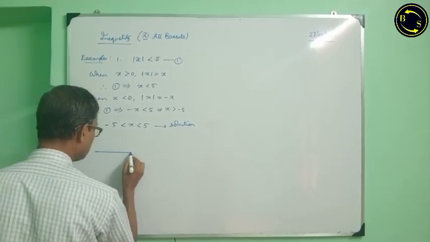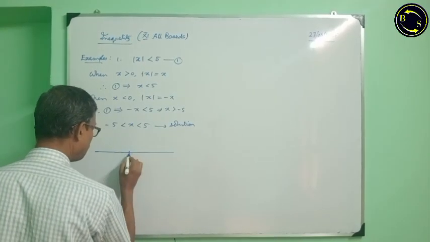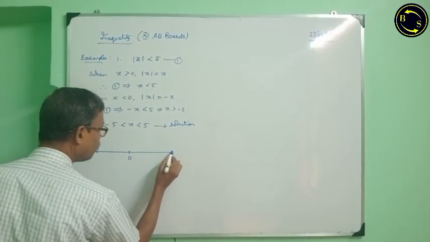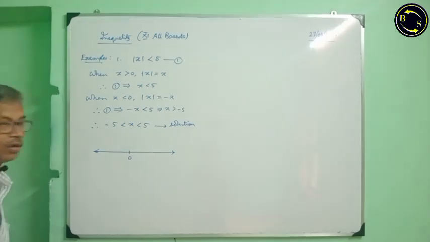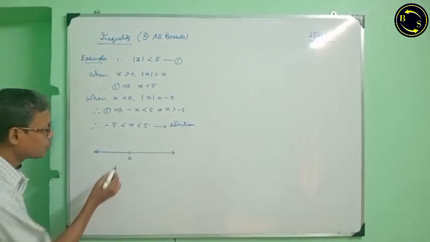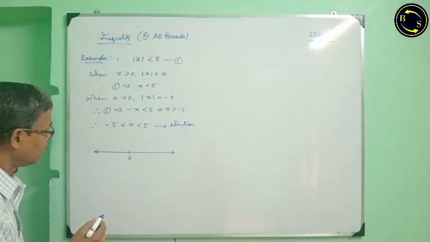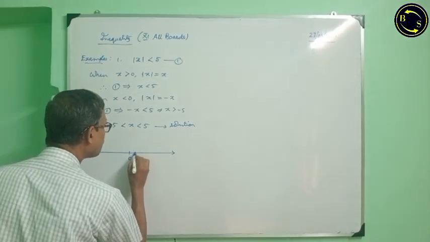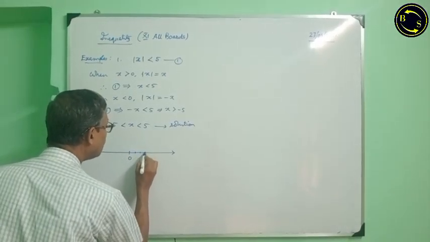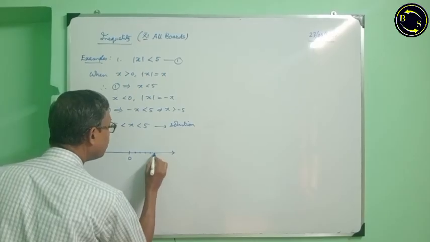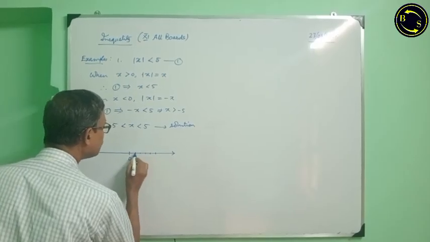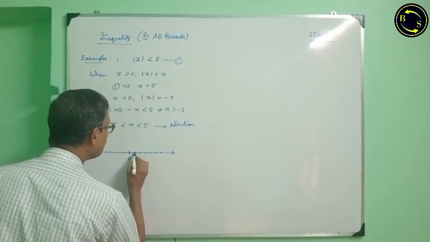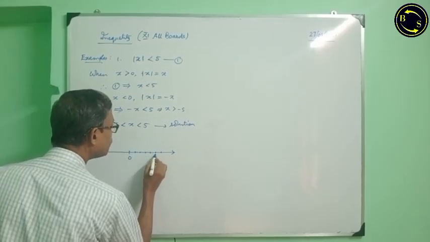For that we draw a number line, and choose a suitable point as origin, then we mark by scaling 1, 2, 3, 4, 5.